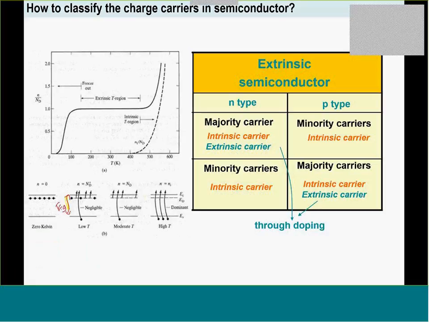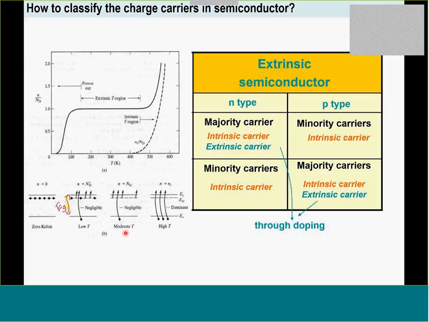In order to jump the E gap, it needs the appropriate amount of energy for jumping from here to here. But at low temperature, the thermal energy being given is much less than the E gap. So only a few can make the jump. You can see here that at low T, only a little bit.